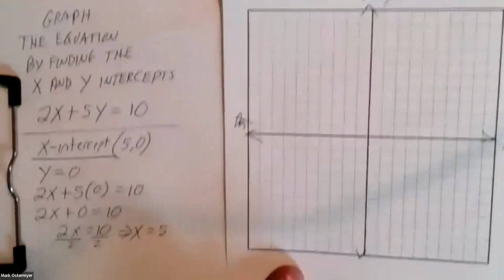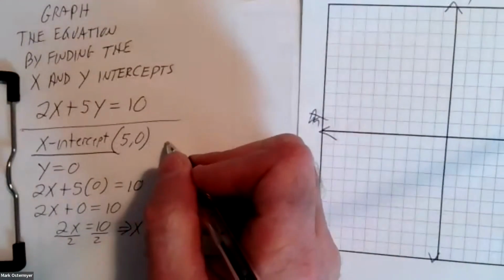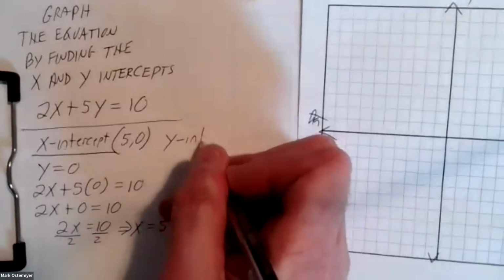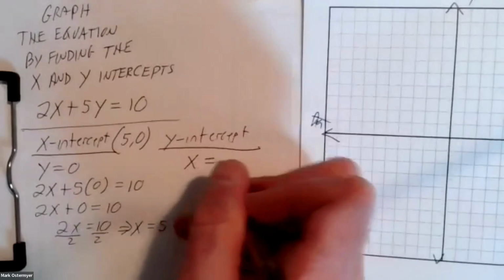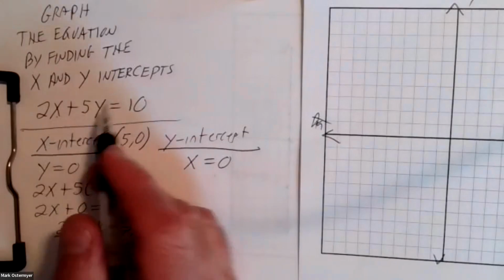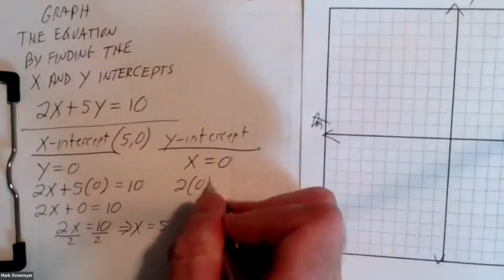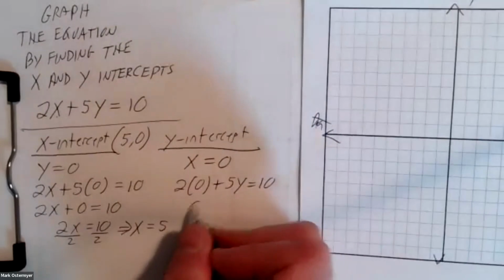All right, to find the y-intercept is equally easy. To find the y-intercept, we always set x equal to 0. Take 0, substitute it in for the x variable into the equation and solve for y. So this is going to be 0.